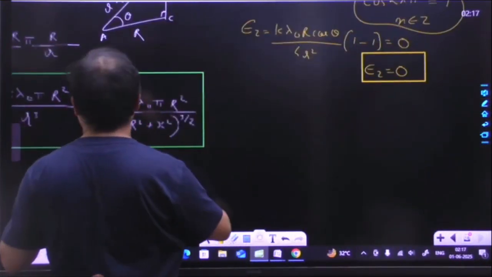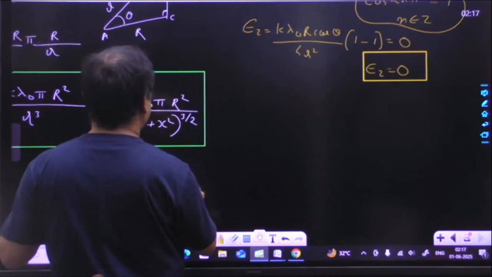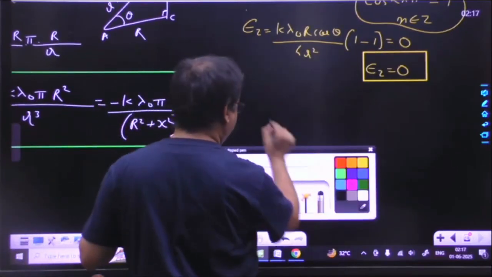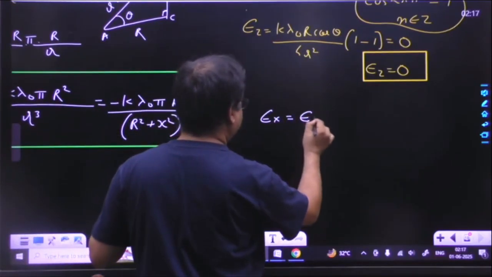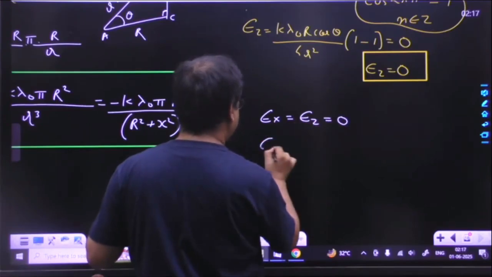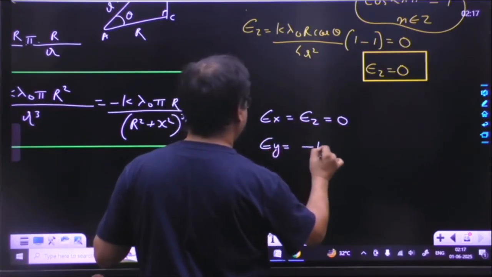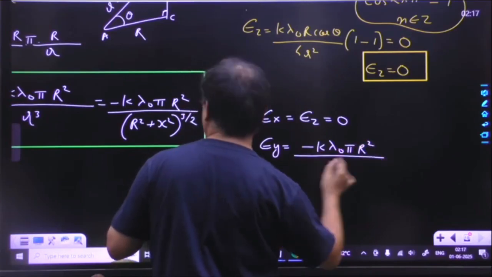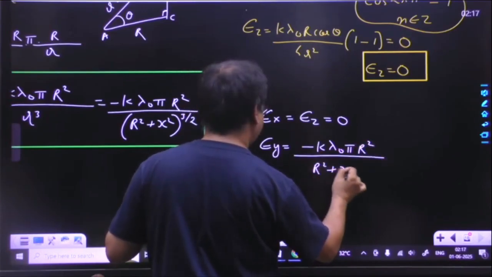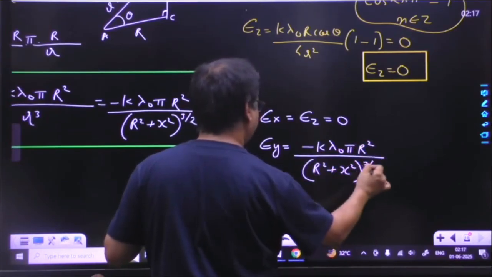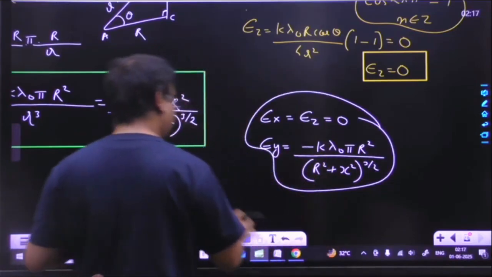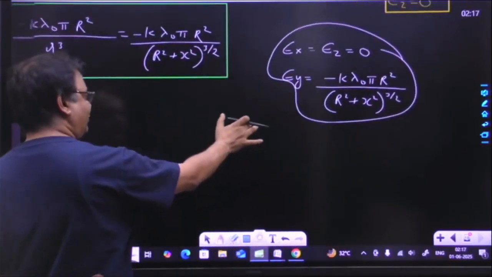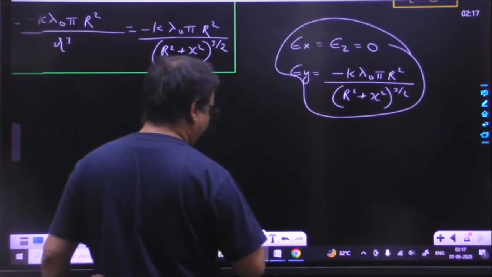So what did you get? Finally, you got Ex and Ez to be 0, and Ey came to be minus k lambda naught pi r square divided by (r square plus x square) to the power 3 by 2. This is the answer you are getting. Of course, your net field will be along the y-axis only, so in the plane of the paper.